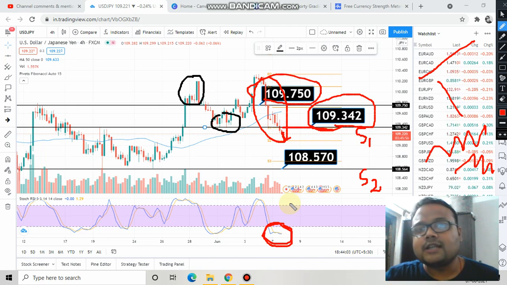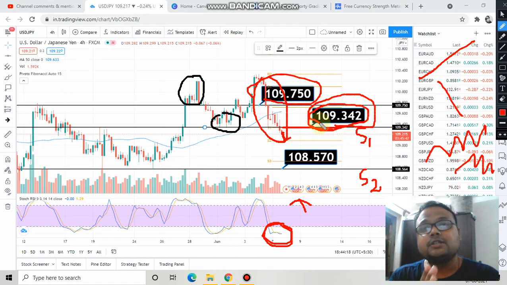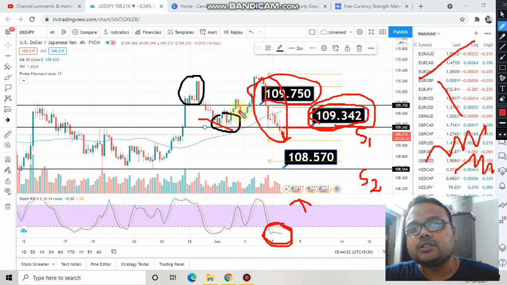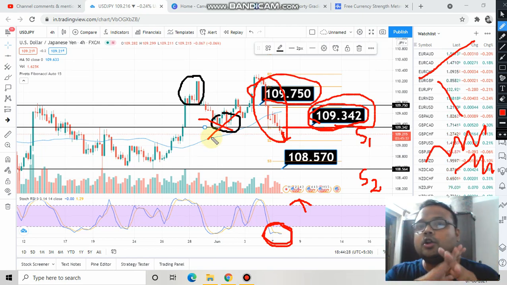If you see that the price is still trading below this support 109.34 level, then you get the confirmation that the support level 1 is no longer valid, and you can short the market.